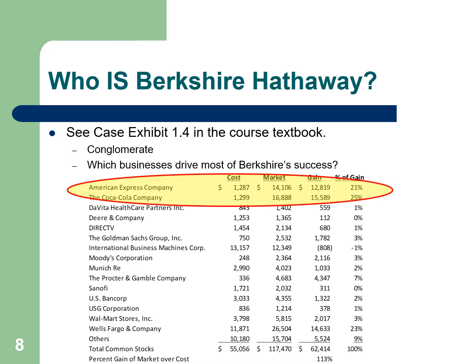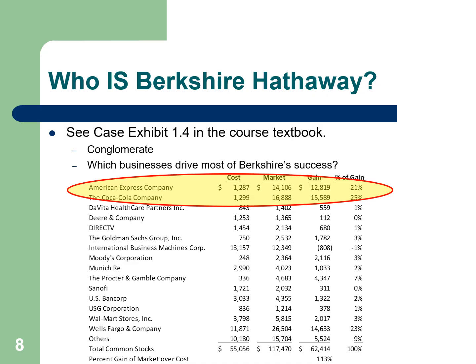For instance, the investments in American Express Company and the Coca-Cola Company show gains of 21% and 25% respectively, indicating Buffett's skill in choosing companies with robust growth potential. A comparison of the cost to current market value of these investments highlights the substantial value appreciation over time, reflecting Berkshire Hathaway's successful investment approach.